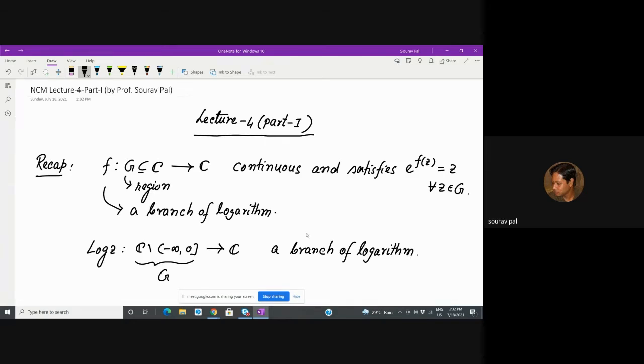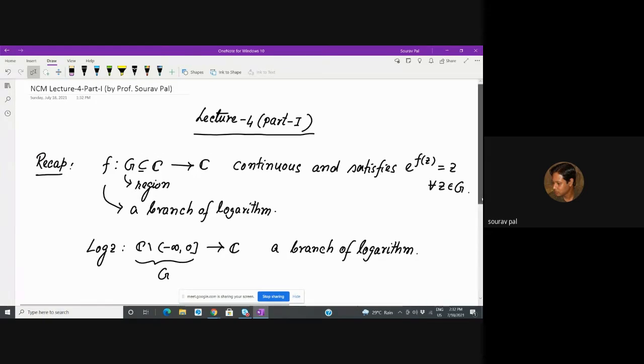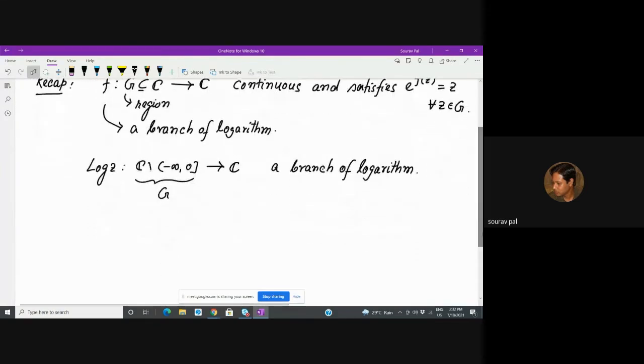Now the point is that if we have the principal logarithm, we can get other values of log z in terms of the principal logarithm in this way, right?